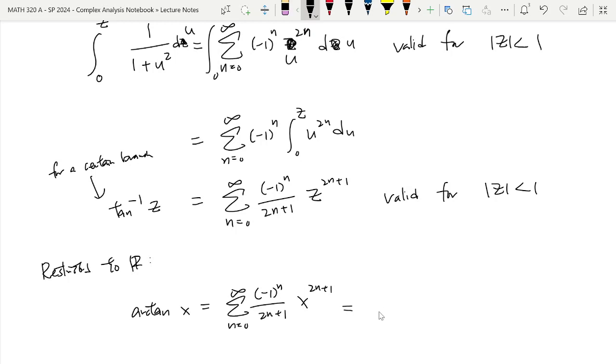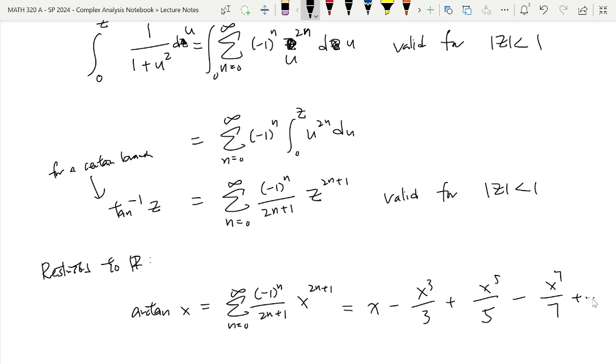If you plug in the formula, the first one will be x, the next one is x cubed over 3, and if you plug in n equals 2 here, you get the next odd number, which is 5, and then plus sign. Remember 2n plus 1 are the odd number sequence, right? So the next one is 7, and with that sign.